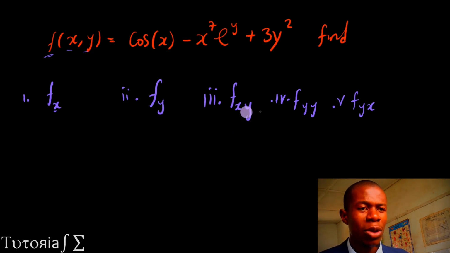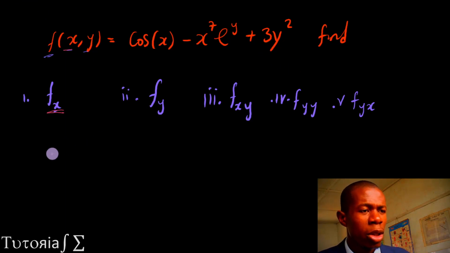I'm just going to do maybe one or two and see how you are able to do the rest. So let's start with f with respect to x. When we're differentiating f with respect to x, we consider y as a constant. We should know that the derivative of a constant is basically equal to 0.